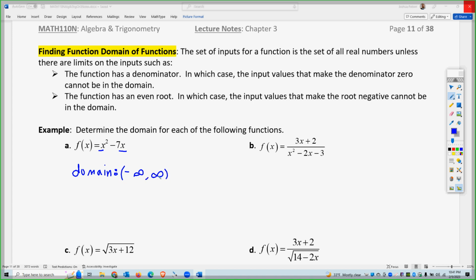Okay. However, the next one does have a denominator, and the problem is the denominator cannot be 0, correct? We cannot divide by 0. So using that fact, I'll do some basic algebra. And do 1x, 1x. So 1 times negative 3 is negative 3, which is 1 times 3 or 1 times 3, where one of these has to be negative.